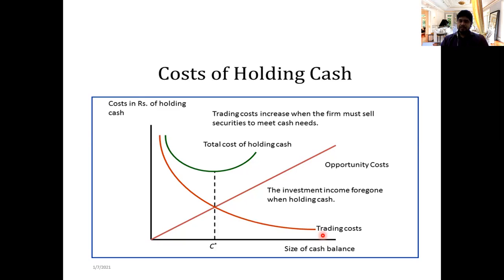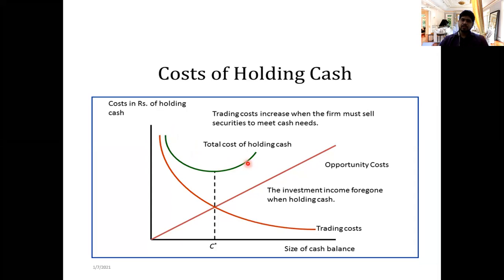As a financial manager, we don't want to keep additional money, and we don't want to encounter a shortage of money. No surplus, no deficit. We have to play in the middle, right? So this is the midpoint. The total cost includes both opportunity cost and trading cost, carrying cost and trading cost.